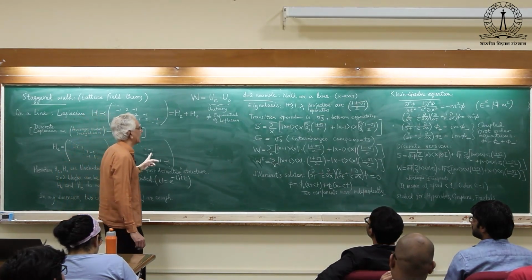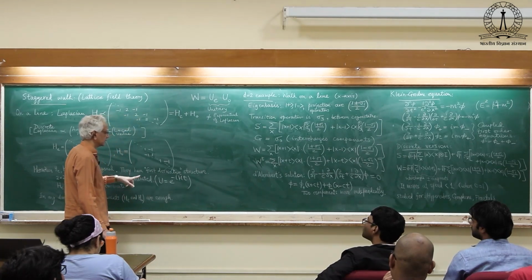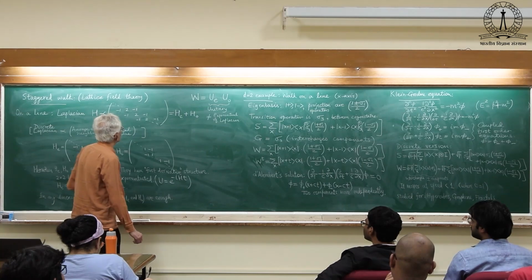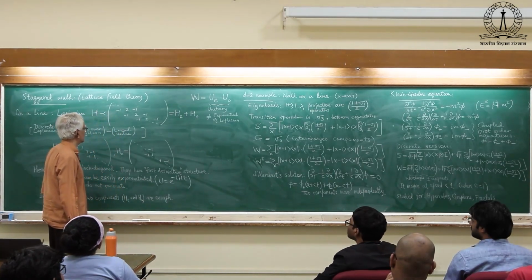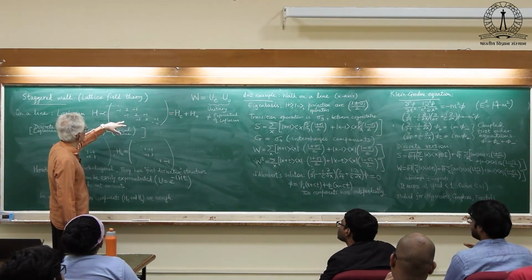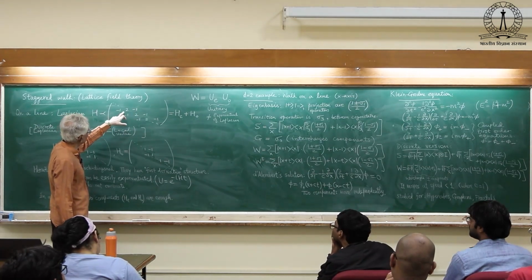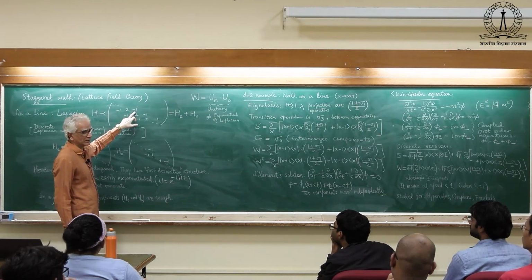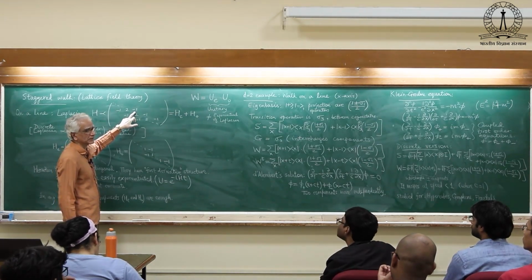So what happened here? You have done this decomposition into two modes in a different way. But in the last class, I said that you could not write a unitary operator which is local, okay, of this particular type.